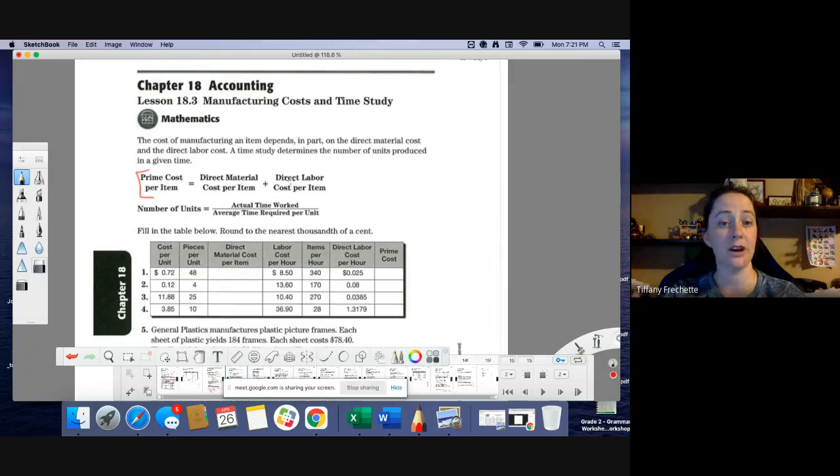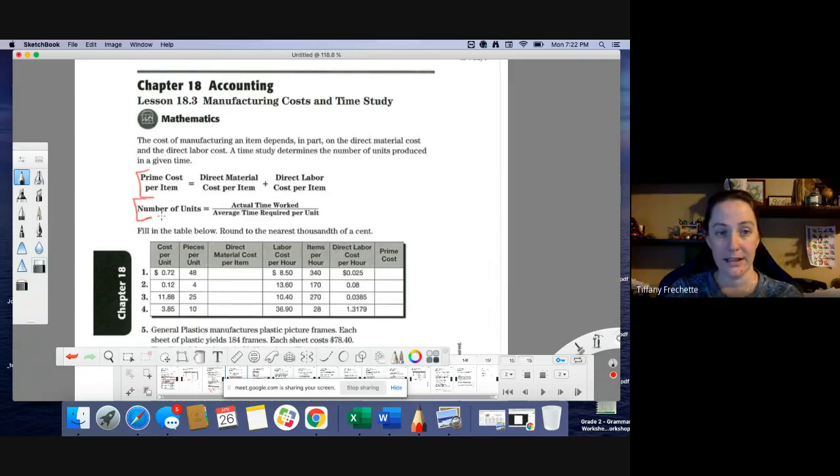So direct material cost is the actual materials used to make this item. Direct labor costs are the actual workers that are there making the item. It's not necessarily the managers that may be in the vicinity or the payroll department or something along those lines. It's the actual labor that's working, the laborer that's working.